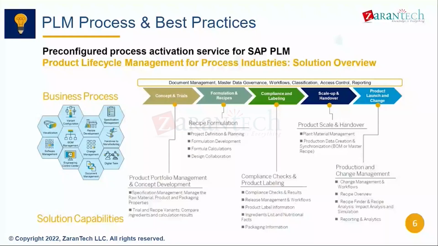Then they will hand over to manufacturing, and they will track which stakeholders are involved in that product change process. That is how change management comes into the picture. Once the change is finalized and released for production, then that change will be closed. Those business processes fall within change management.